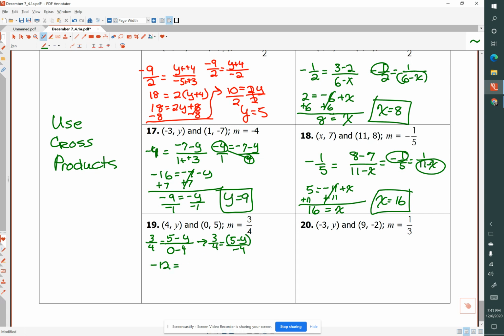And 4 times 5 minus y, 4 times 5 is 20 minus 4y. And let's add 20 to both sides of this equation, which will give us negative 12 plus 20 is 8 equals negative 4y. Oh, I know what I did wrong. We've got a mistake here. I'm going to redo this.